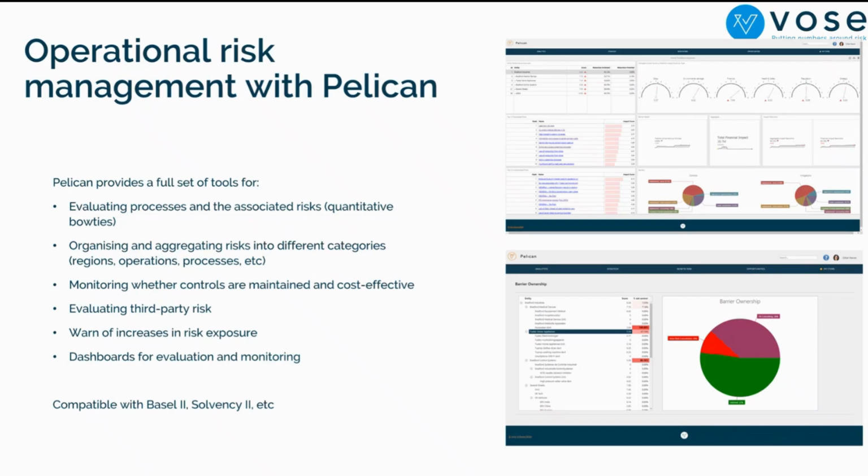You can evaluate third-party risk, so you can see how much risk is coming from your subcontractors, for example, and how much risk is controlled by third parties. So you can make decisions based on that data, etc.